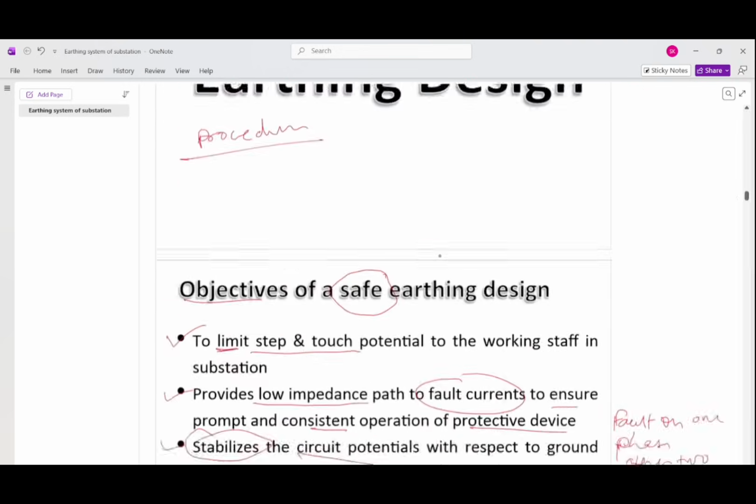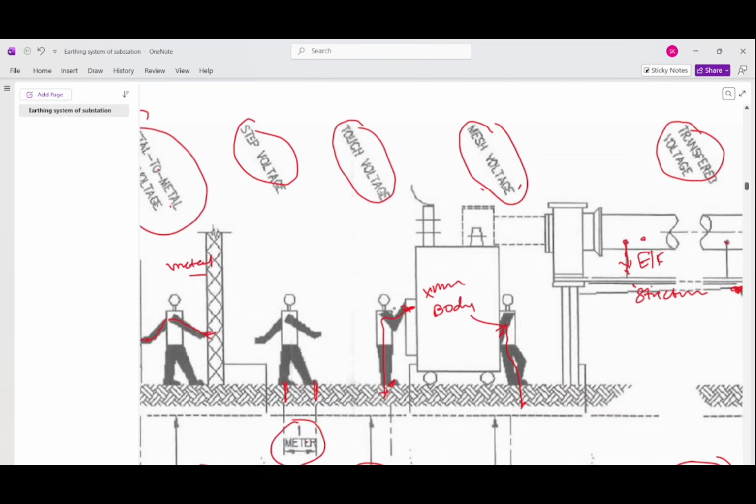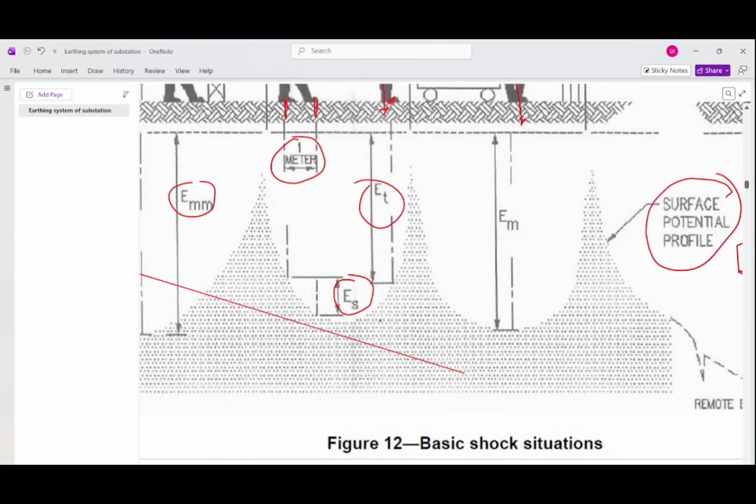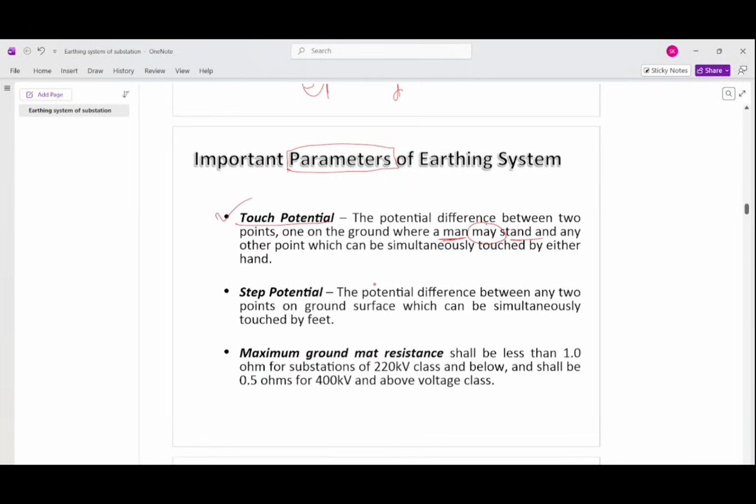This is the touch voltage we have seen. Step voltage we have also gone through: the potential difference between any two points on the ground surface which can be simultaneously touched by the feet.